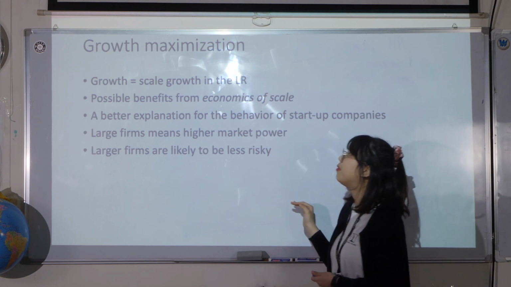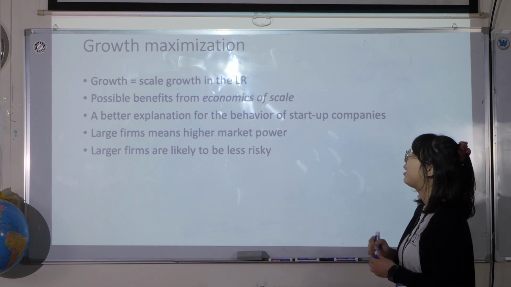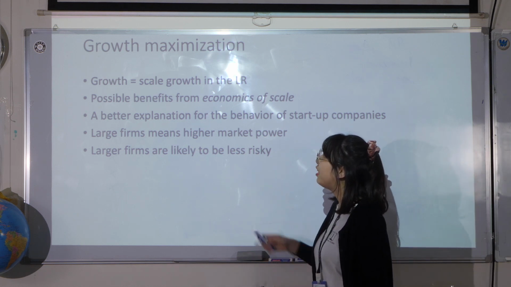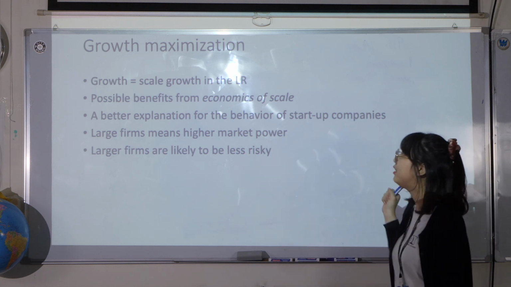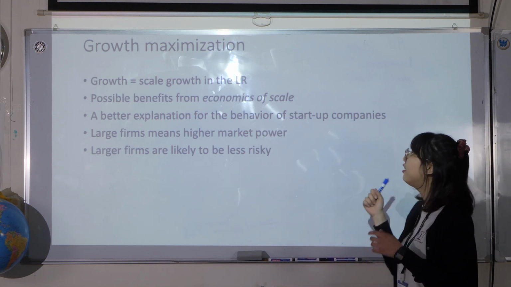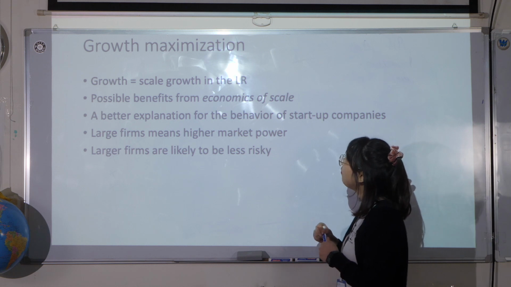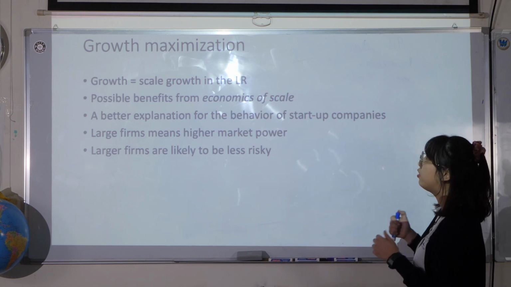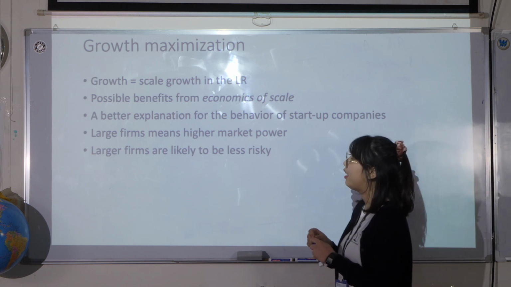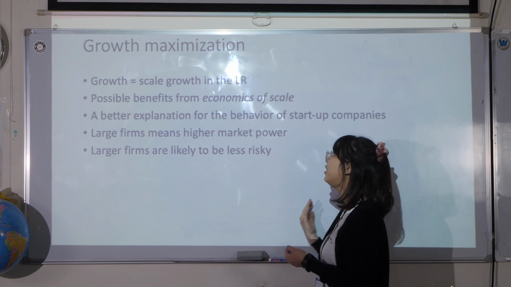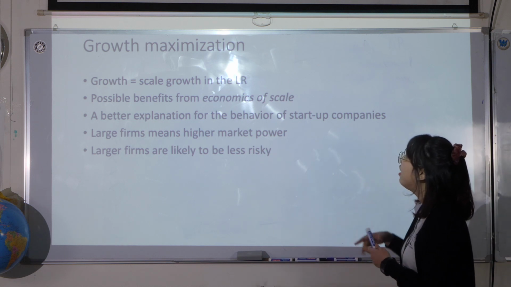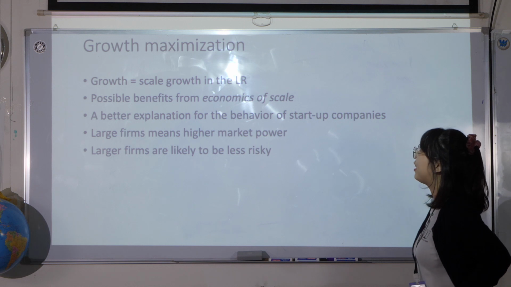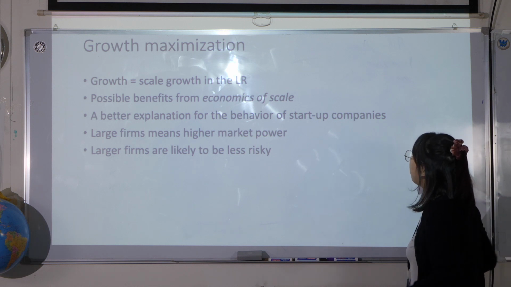Another alternative goal a firm may choose is to maximize their growth. In this case, growth means the scale growth in the long run, and by choosing to maximize their growth, a firm may receive possible benefits from economies of scale. I hope you guys remember what this means. And it is a better explanation of the behavior of startup companies.